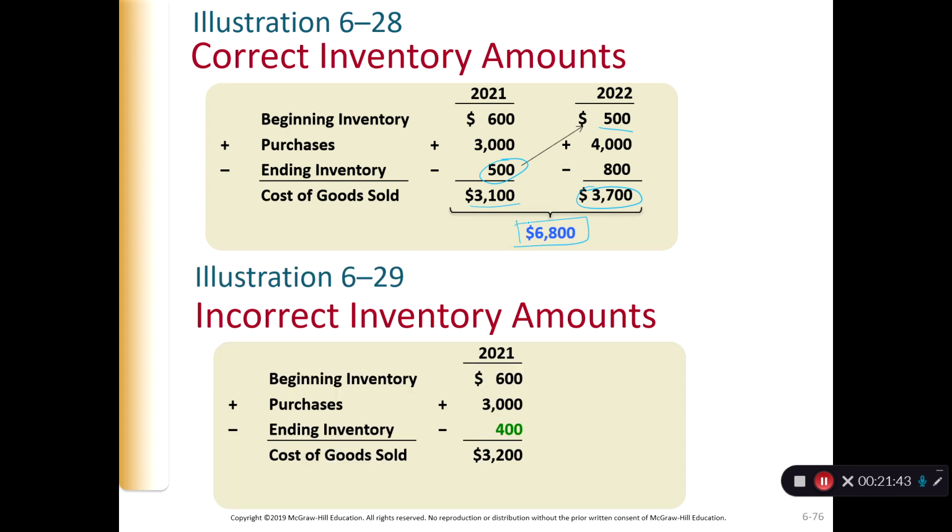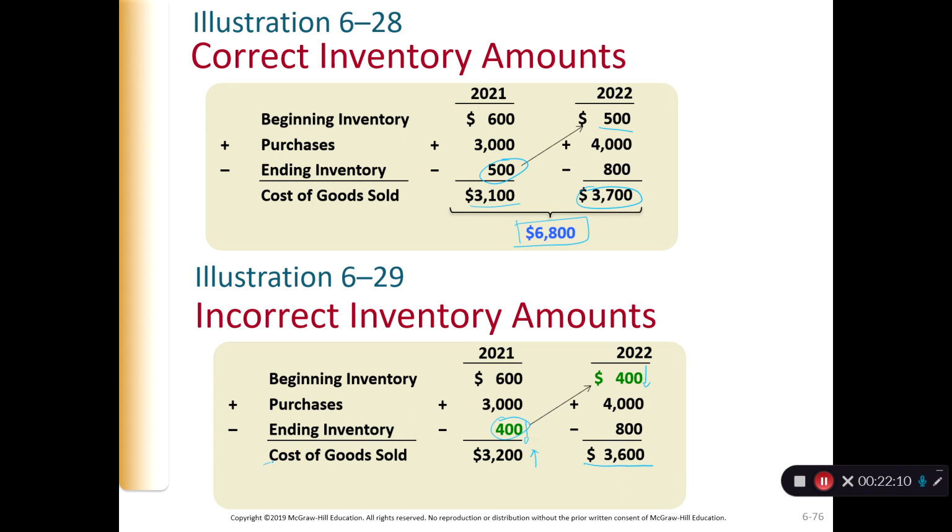If you incorrectly record the inventory number, say you reduce the ending inventory for 2021, you will carry that ending inventory, less than $400, to the year 2022. And then you will end up with cost of goods sold of year 2022 of only 3600 versus 3700.